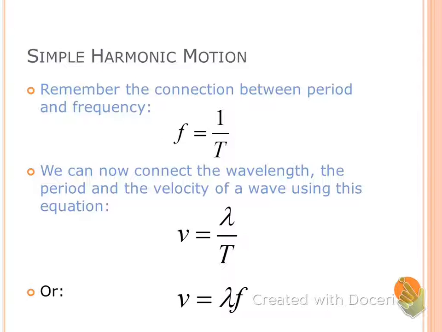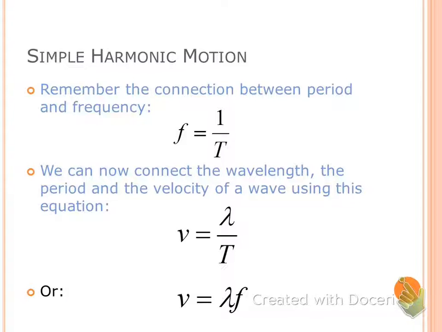We're going to look at the connection between frequency and period. We remember that equation right there, f equals 1 over T. We've seen that before. Now we're going to connect that with velocity, the wavelength, and the period or frequency of our waves. So this equation on top is not new, but these two are new.